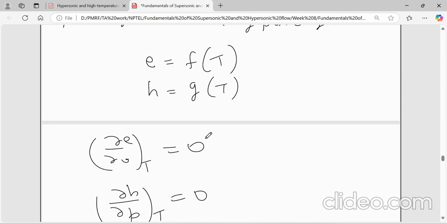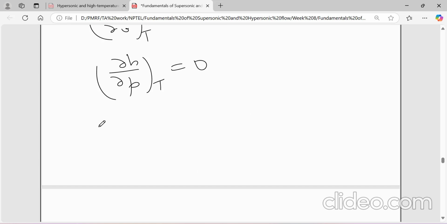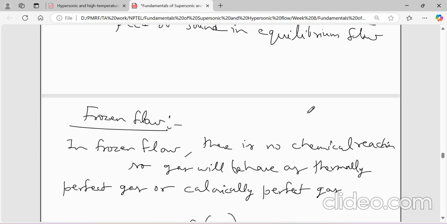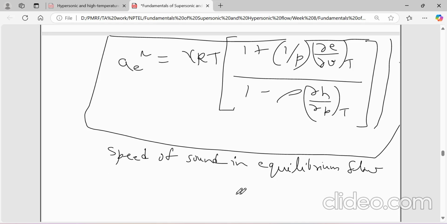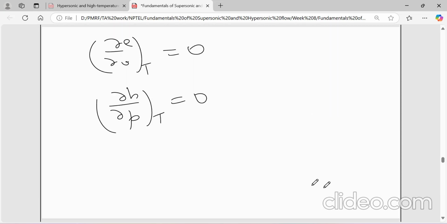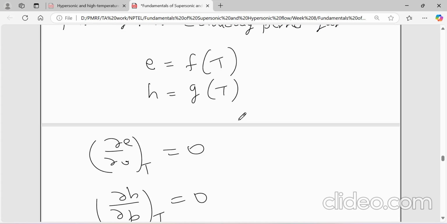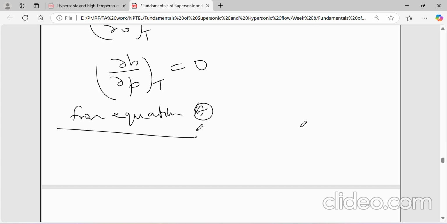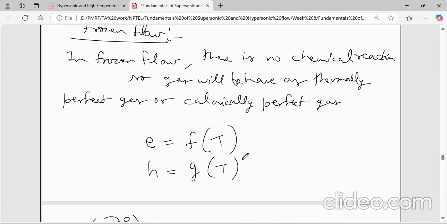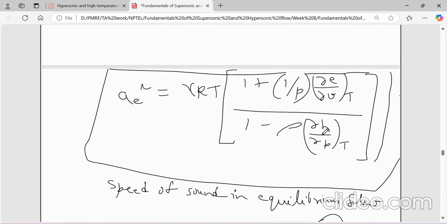So if we put this derivative, let's name this equation as equation A. Let's put this derivative in equation A. From equation A, if we put this derivative as 0, this term will go 0, this term will go 0, and this fraction will come as 1.